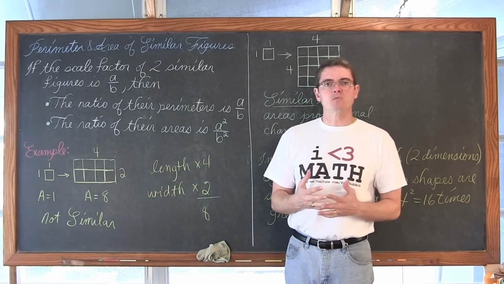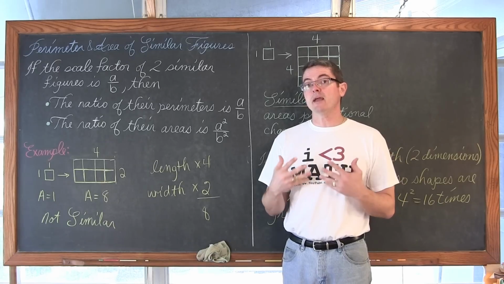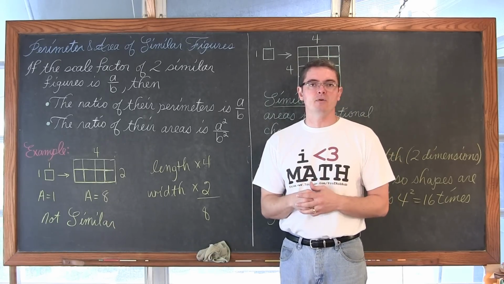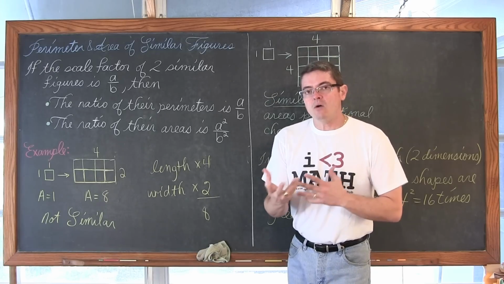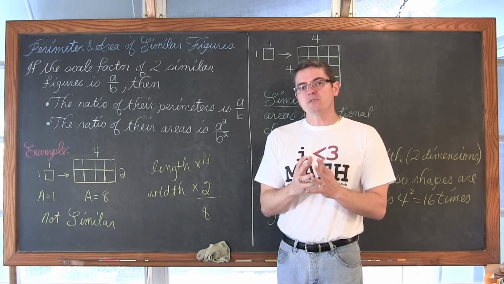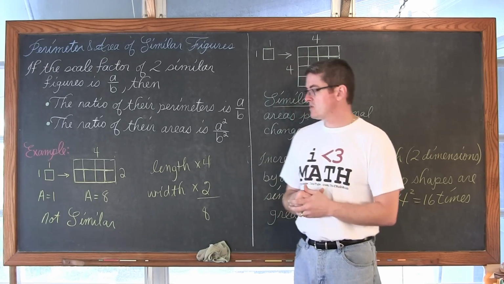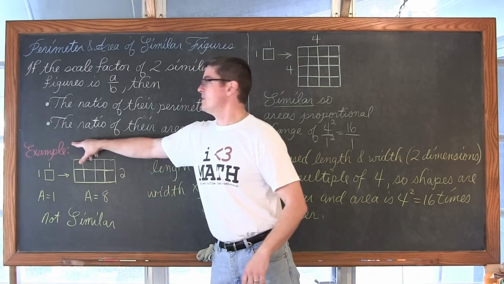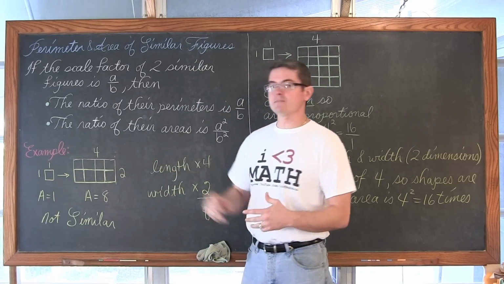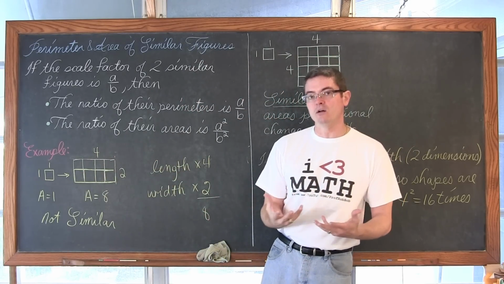I know area is length times width, but what if it was a shape that we didn't know the area of or could not easily find the area of? Well, how you change the length and width in this two-dimensional figure is how the area is going to change. If I made it 3 times wider and 4 times longer, well, 3 times 4 is 12.